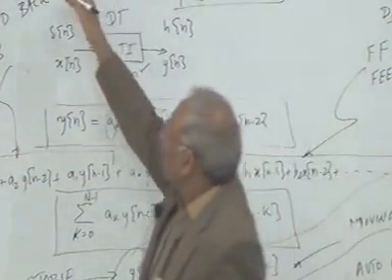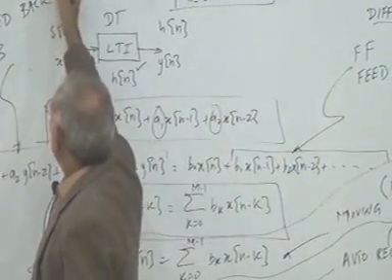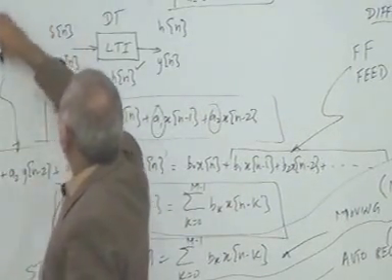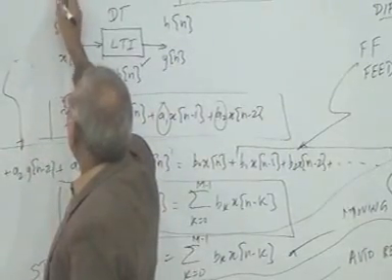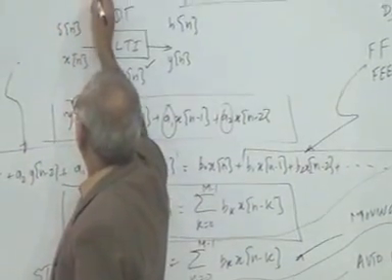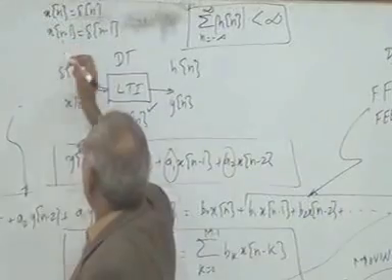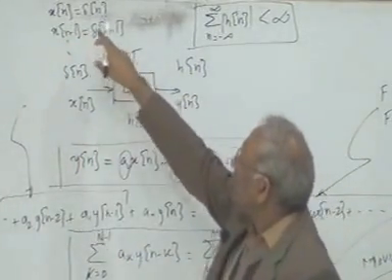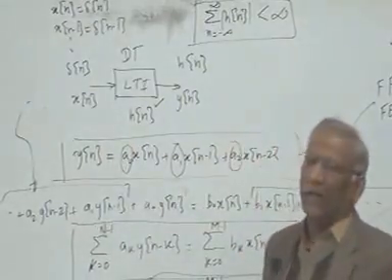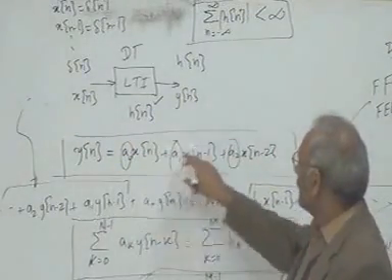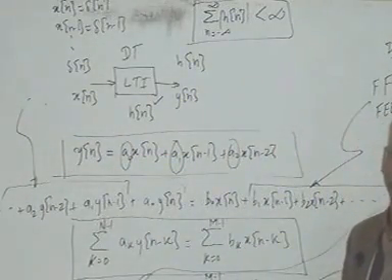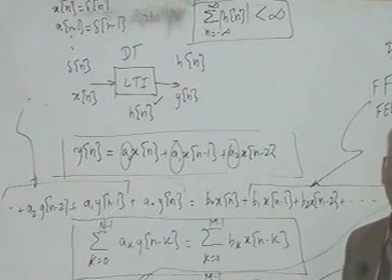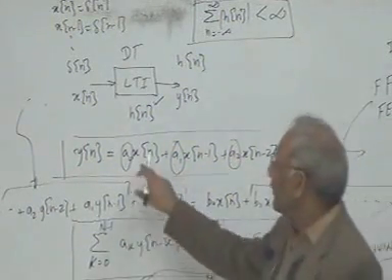If we take x of n equal to delta n, what would x of n minus 1 be? Now if you take the input x of n as delta n and substitute it in this equation, what would the output become? It will become h of n.